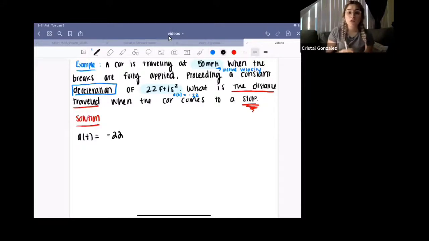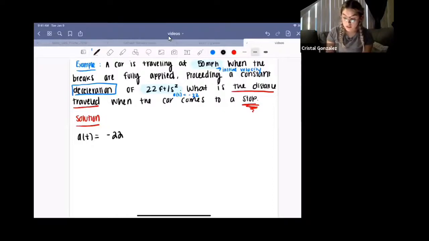That means we're eventually going to need to look for the position function, and right now we only have acceleration. So we're going to have to take the antiderivative of acceleration in order to get the position function eventually. But when we take the antiderivative of acceleration, we're of course going to get velocity first.